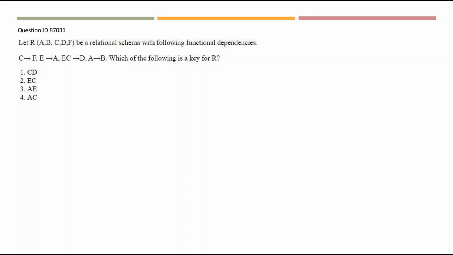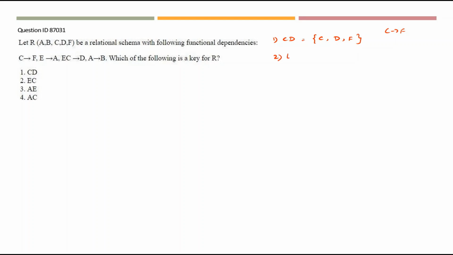So let's start with CD. So from CD, I will be able to take the attributes C, D. Are there any functional dependencies starting from C? Yes, we have C derives F. So from C derives F, I will be able to find F. There are no dependencies with D. So only 3 attributes can be found.